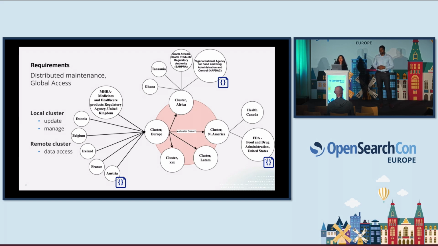So in the system that we will try to build, we will try to reflect all of this. If we consider Europe, for example, we will try to deploy a cluster where we will have all of the European data. And again, in Europe, we have two stages, the national regulators and the EMA. So we'll try to have all of this data in the European cluster.